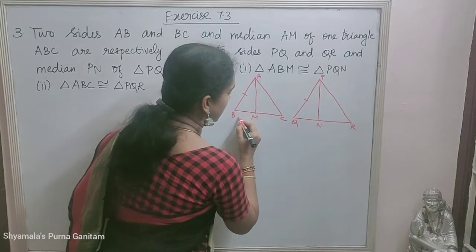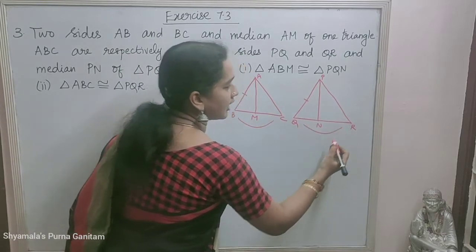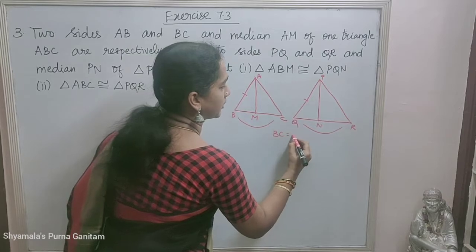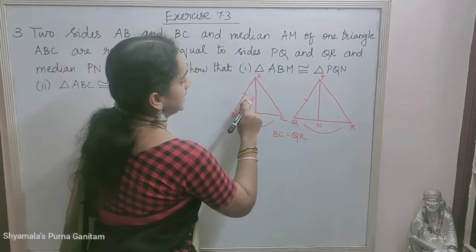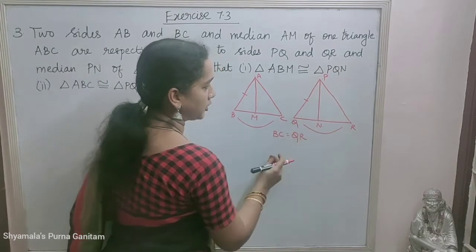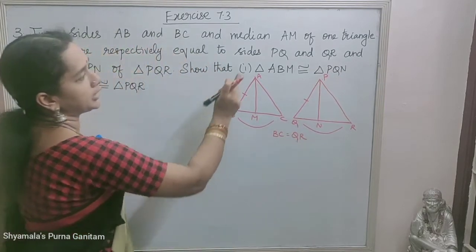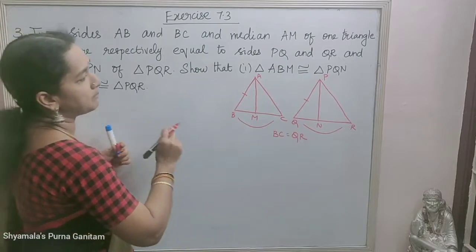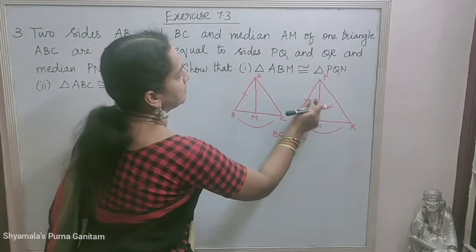QR is this one, so BC and QR are equal. BC is equal to QR. Okay, here AB is equal to PQ. So this is P. AB is equal to PQ. BC is equal to QR and median PN, that is AM and PN.